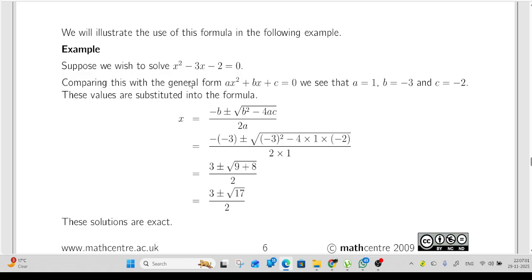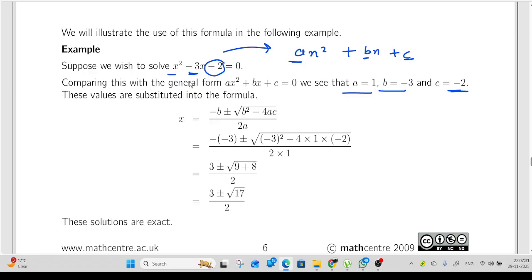If I compare it with ax square plus bx plus c, my a is the coefficient of x square, a is 1, and b is the coefficient of x, which is negative 3, and c is just the constant term, which is negative 2. Always remember you have to write the sign also. If you write positive 2, that's going to be wrong. So it's negative 2.